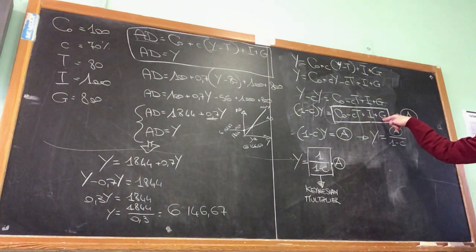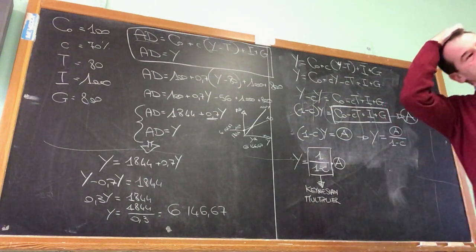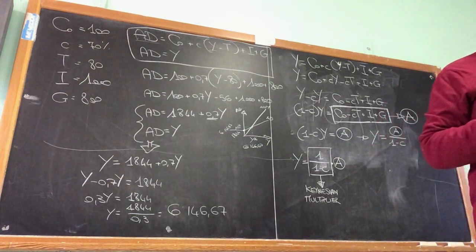So increase G, increase governmental expenditure, correct? And the second recipe was to push people to consume. You remember it, right?